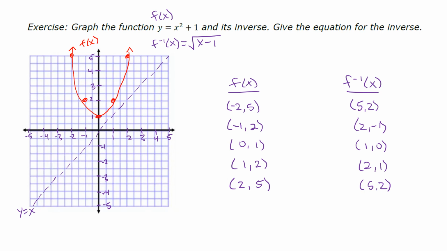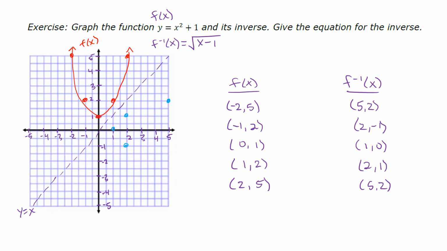Now we can draw the inverse function. So we have 5, 2. We have 2, -1. We have 1, 0. We have 2, 1. And we have 5.